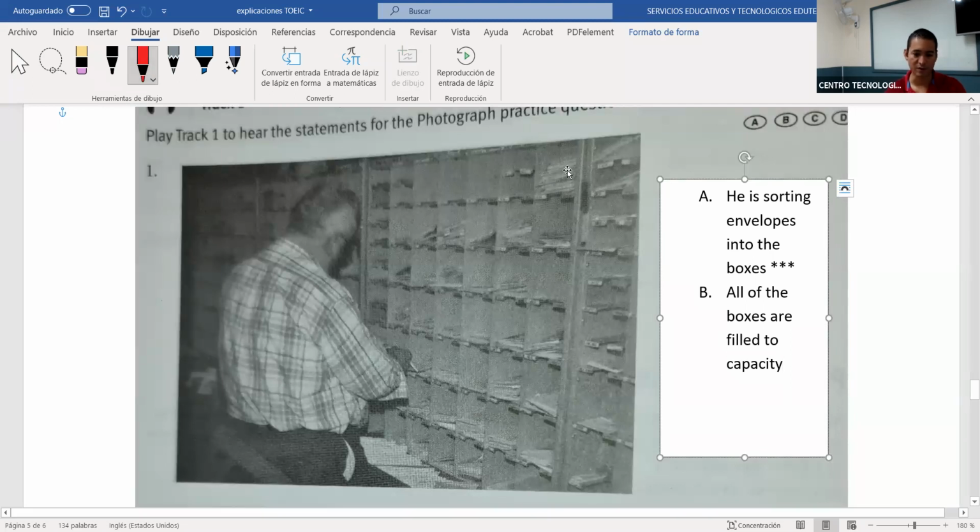For example, this one is full. Some of them are even empty. You can see some of them are empty. So, option B, all of the boxes are filled to capacity, doesn't match the context. It's irrelevant.